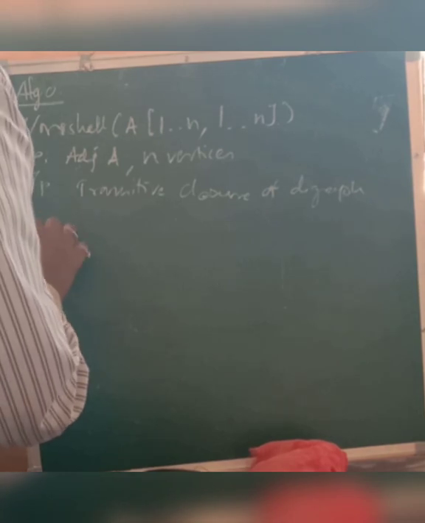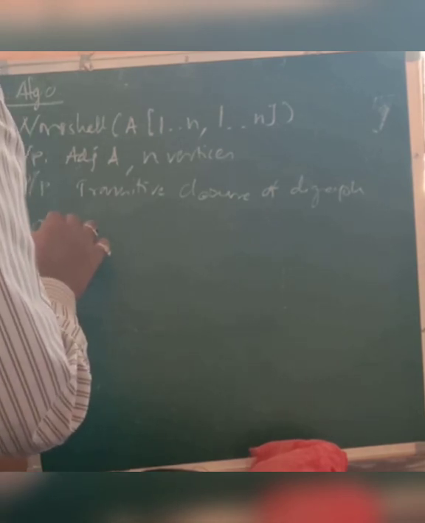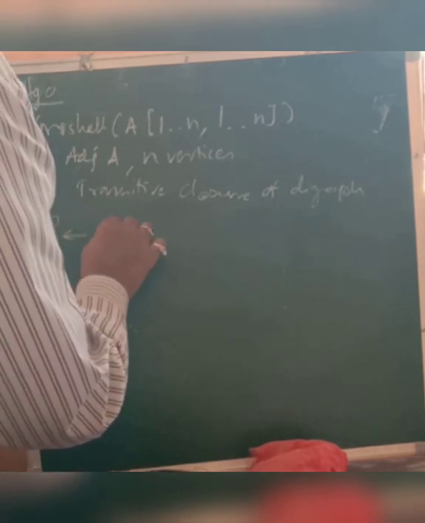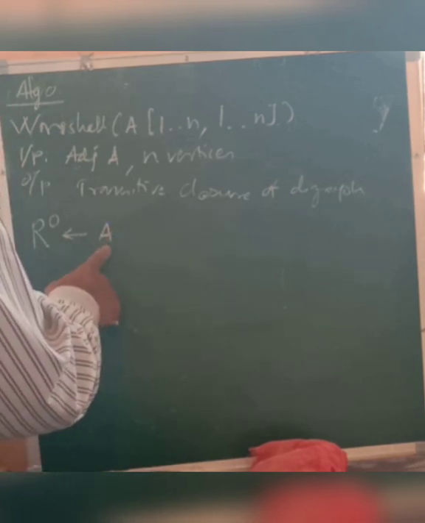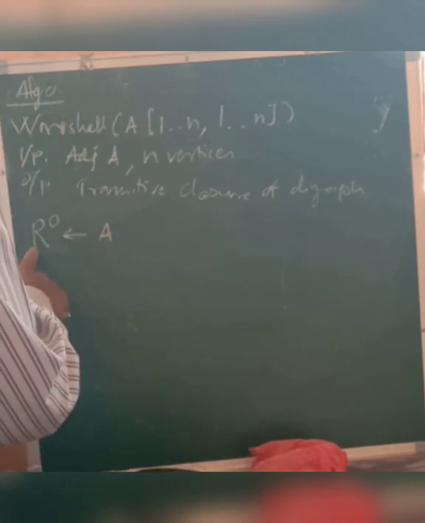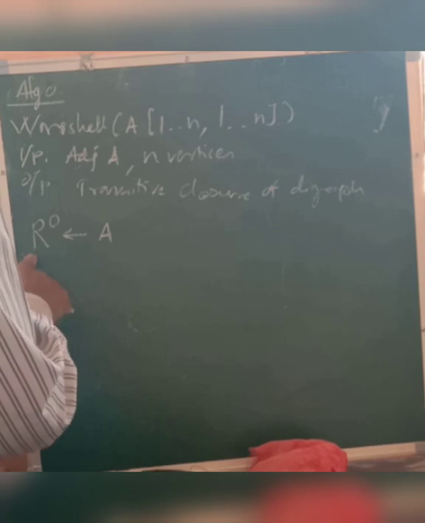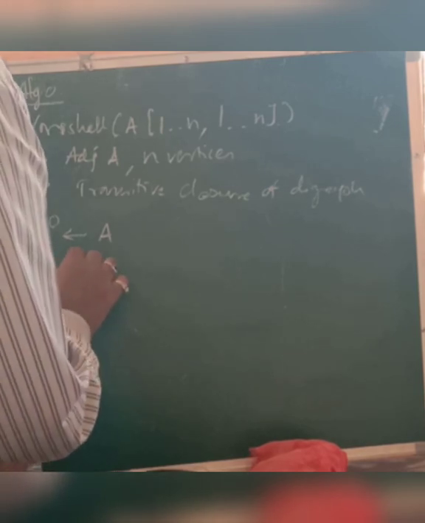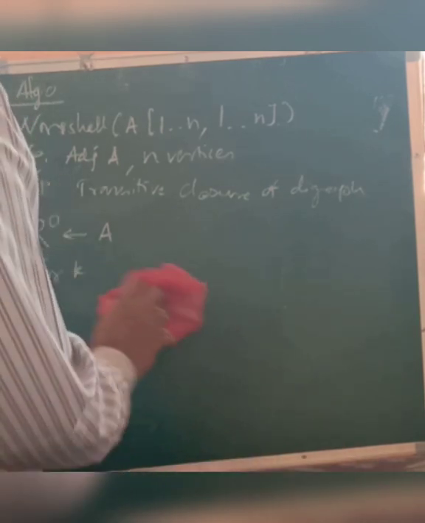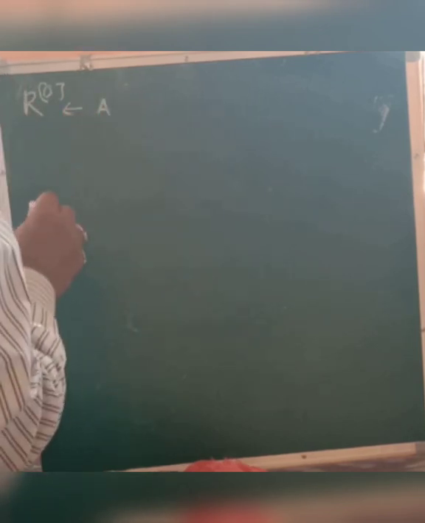So I will put the 0th recurrence, that is the matrix A as it is, and then go to the first recurrence matrix. For K, I will write it on the upper part so that you can understand. Input and output we have already written. So I will start with the 0th recurrence, the matrix A as it is.